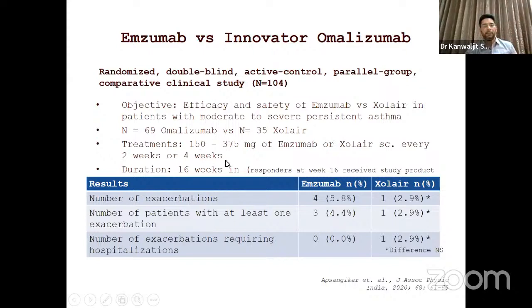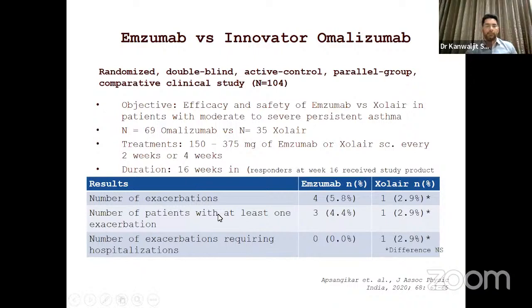Treatments were done with 150 to 375 milligrams of Emzumab or Xolair every 2 weeks or 4 weeks, depending upon the level of IgE and the weight of the patients. Duration was 16 weeks.